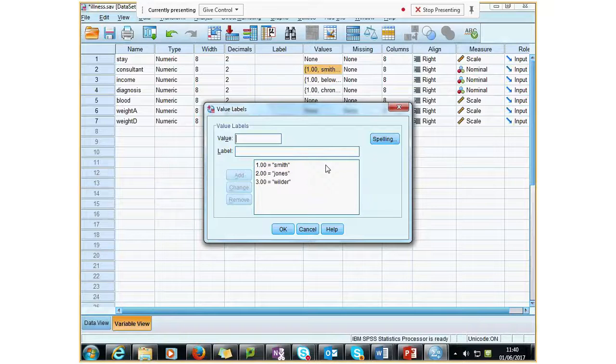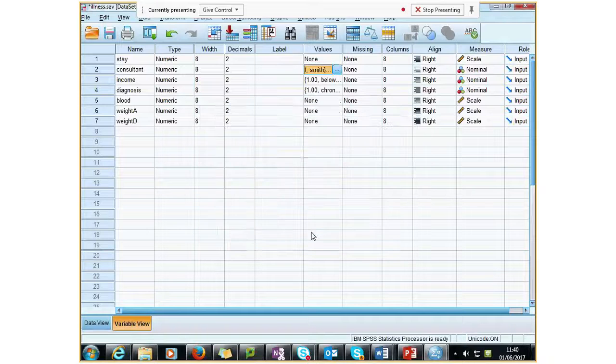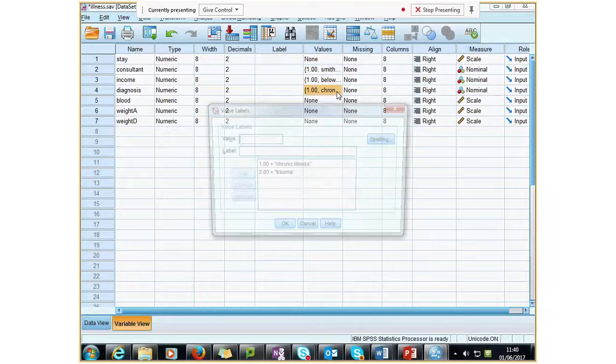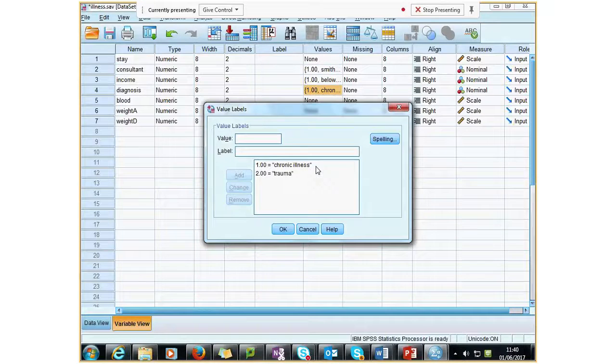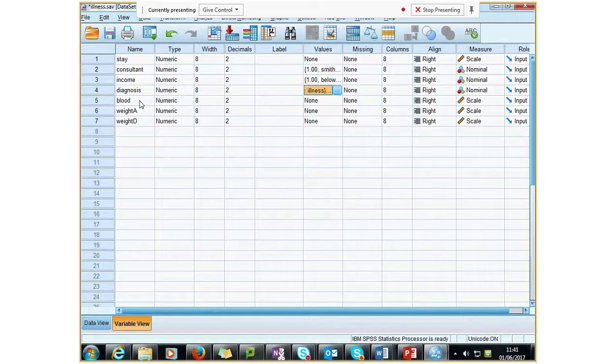But these are still nominal variables. We've got income bracket, we've got diagnosis category. So these particular patients are in two different diagnosis categories. Either they've got chronic illness of some sort or they've had trauma. So that's the diagnosis.